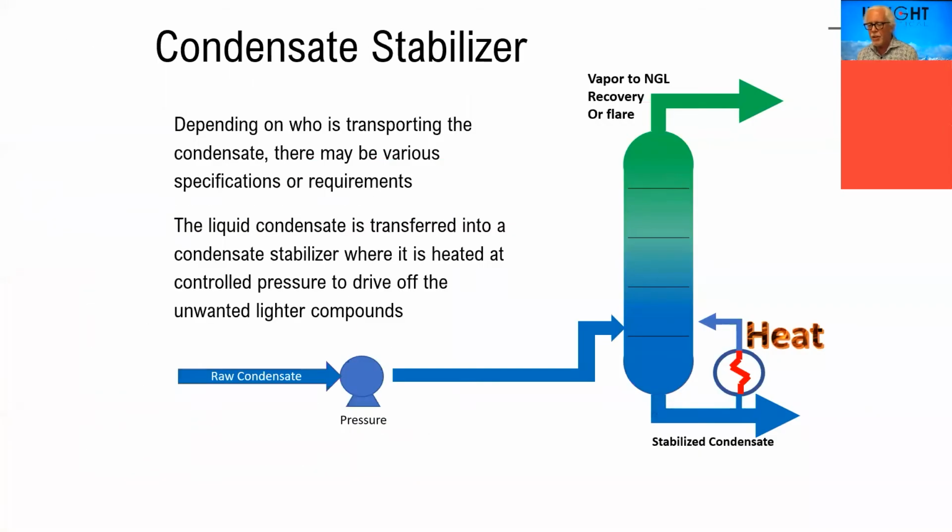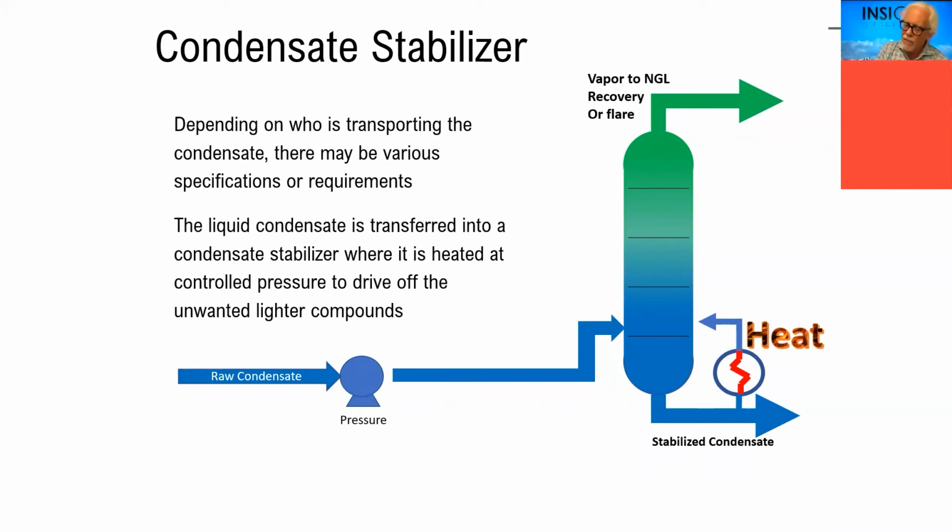First, I want to talk a bit about what are we really doing in the optimization? So when we have a condensate stabilizer, depending on whose pipeline it's going to go through, there's going to be various specifications and requirements. The job here is to boil off the light ends, the part that the end user or the pipeline company doesn't want, and try to keep the heavier stuff that they do want in the liquid side.